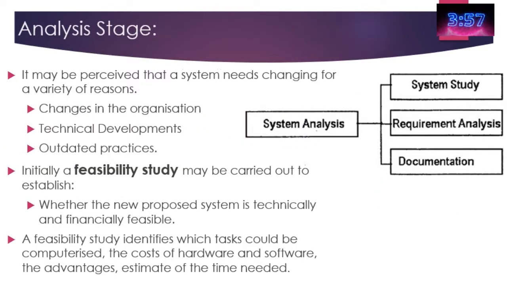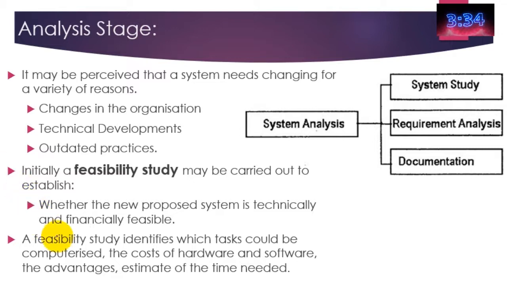So let's have a look at each stage, the analysis stage. It may be that a system is old, it needs to change because of outdated practices, a new government, new technology. But the analysis stage is looking at why do we need a new system? And the important thing here is the feasibility study that's being done at this stage.